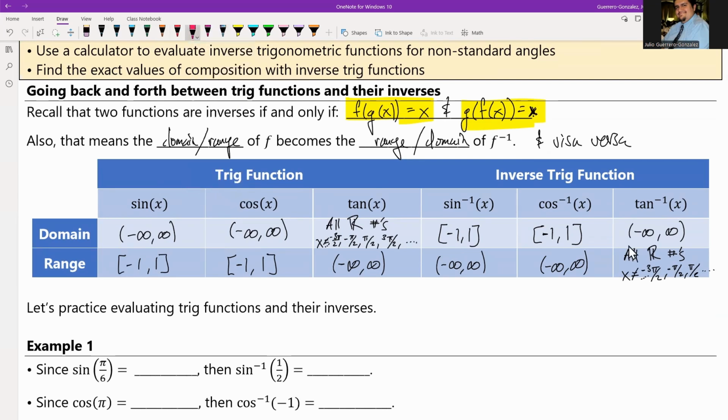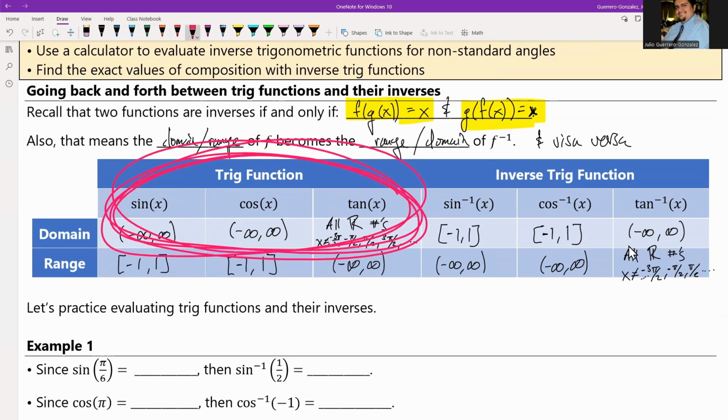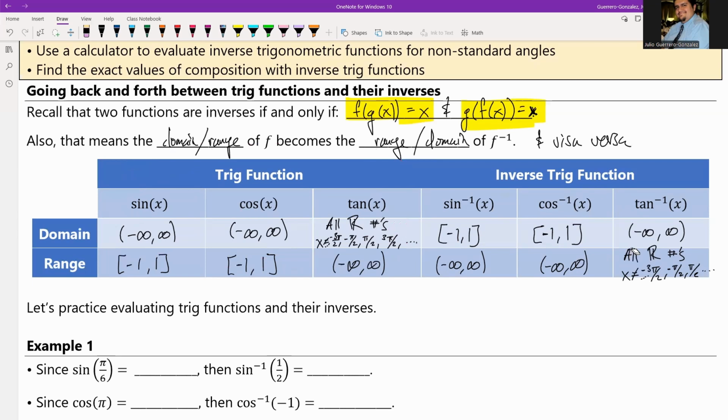When we were talking about these three, sine, cosine, and tangent, there was a meaning behind the sine of x, the cosine of x, and the tangent of x. The x values that we were putting into these functions, these were angles.